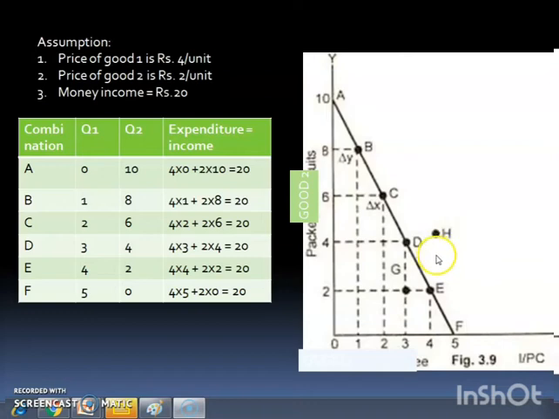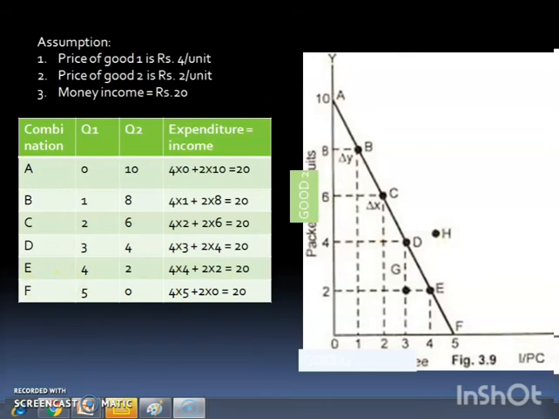So this is the budget line. All the points on the budget line and the points inside the budget line are the budget set of a consumer, and points outside the budget line are the budget constraint.